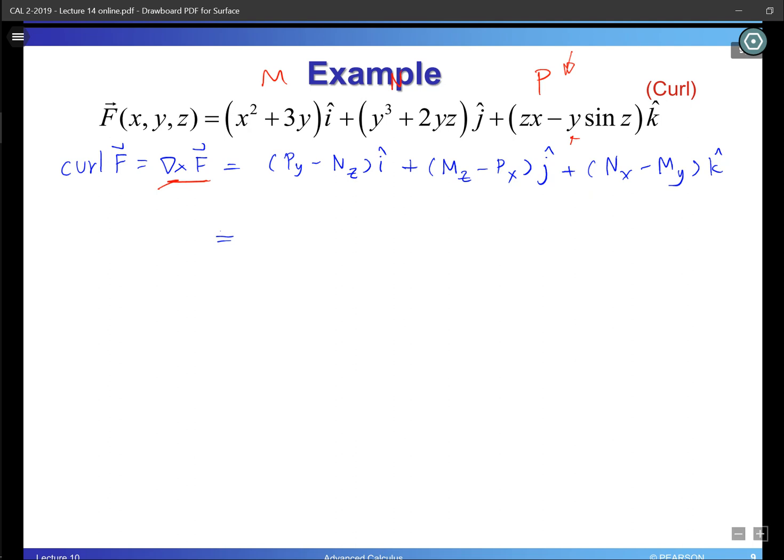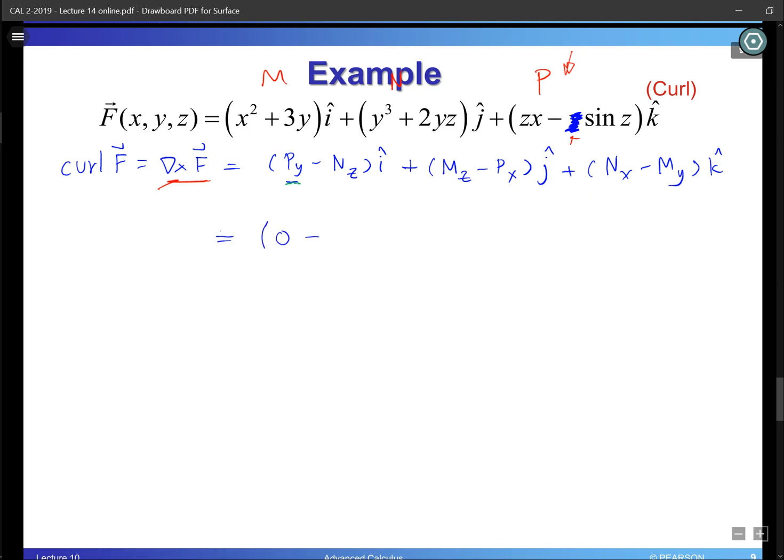Let's get rid of this Y, since it's going to complicate the example that we have here. Let's assume that we don't have Y right here. So the first thing I'm going to do is differentiate P with respect to Y, and you can see that P doesn't have Y in it, so it's going to come out to be 0.